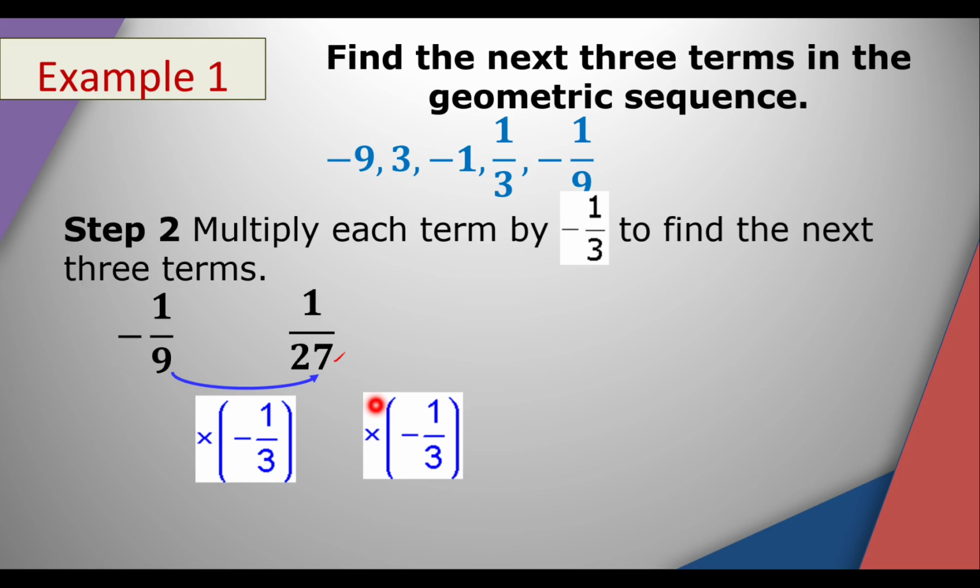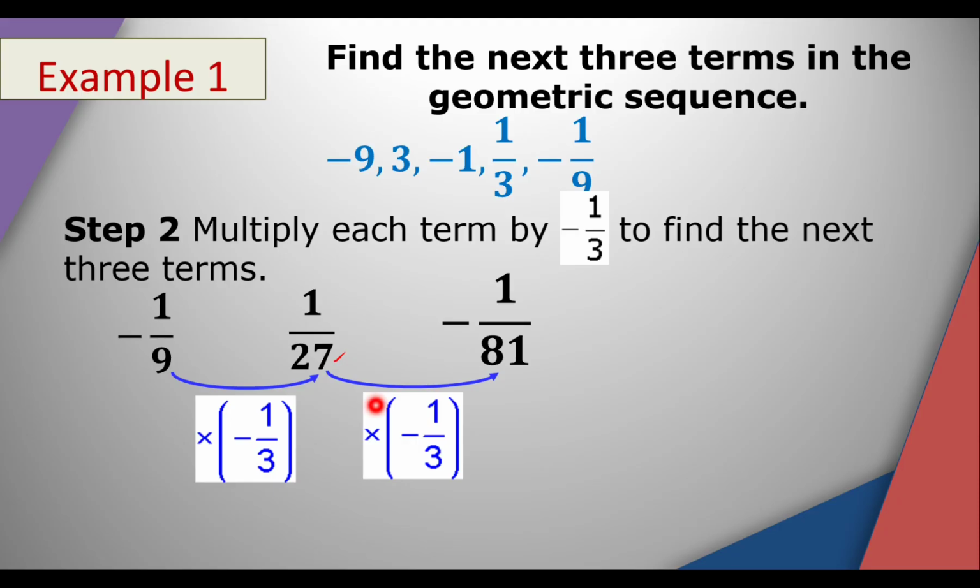So again, positive times negative is negative, and numerator by numerator, 1 times 1 is 1, 27 times 3 is 81. Thus, we have the next term to be negative 1/81st.